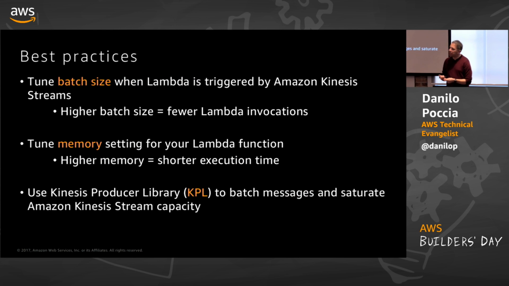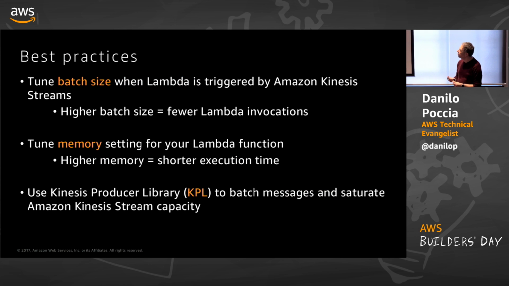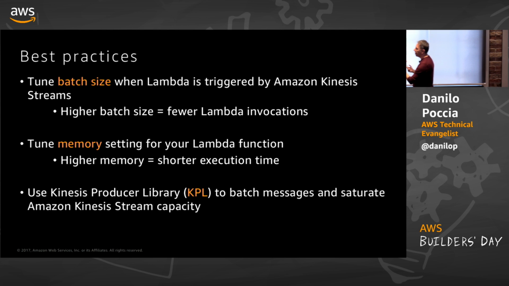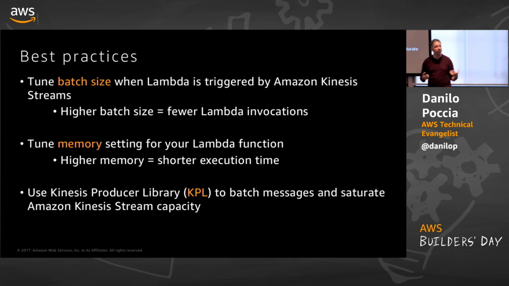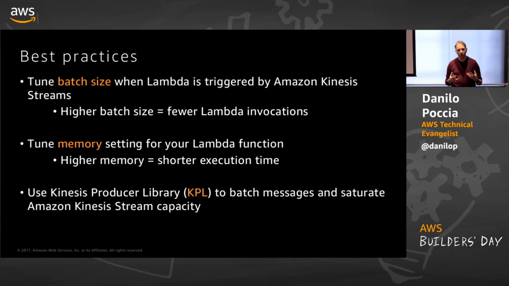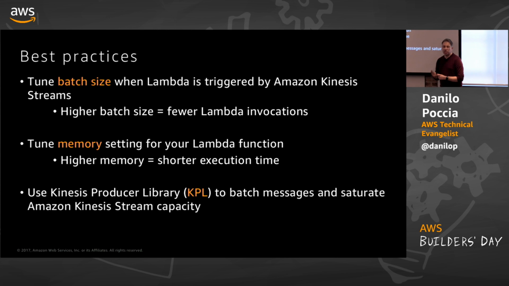So the best practices here are to really tune the batch size, so how many records you want to send at a time from a stream of data to the Lambda function. And this usually goes from 100 to 10,000 records. 10,000, I think, is the limit now. Tune the memory. Again, the memory gives you more CPU.